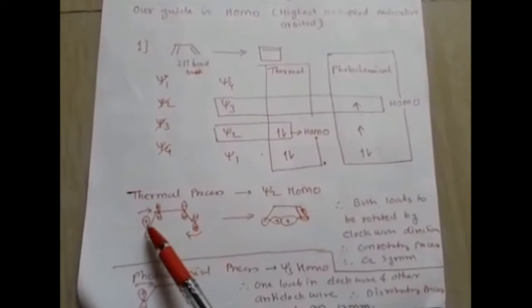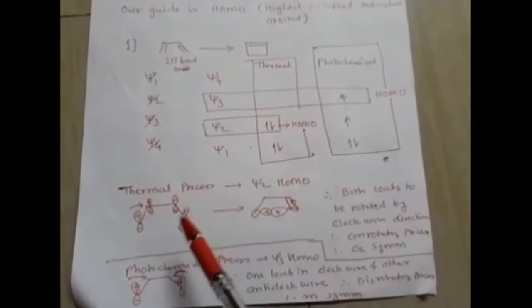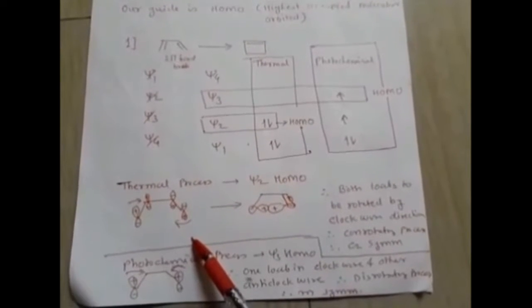Now to match these positive signs, what do I have to do? Rotate this orbital in this direction and rotate this orbital in this direction. That means here both orbitals are to be rotated in the clockwise direction. Clockwise direction means nothing but conrotatory process.